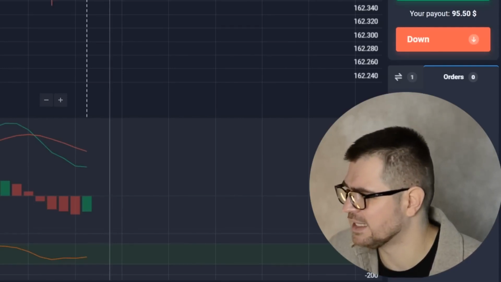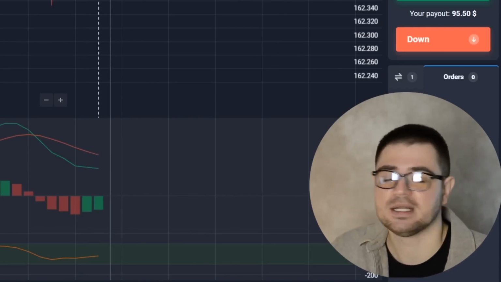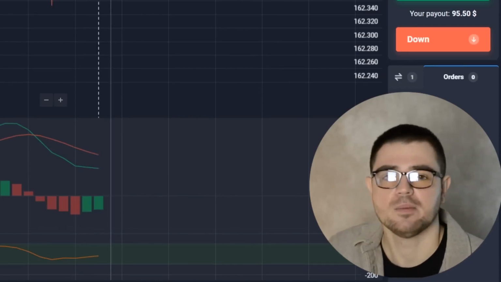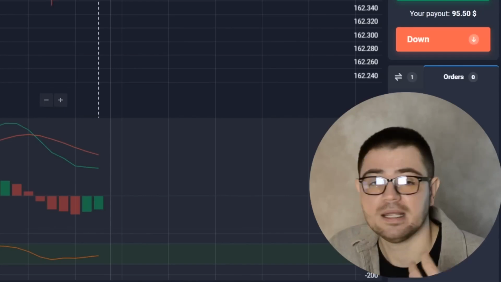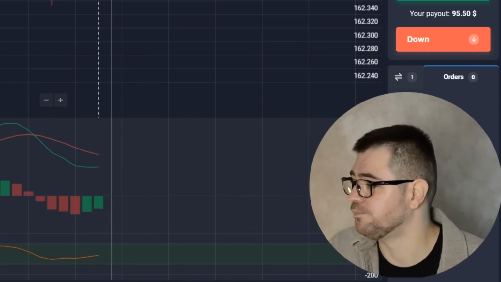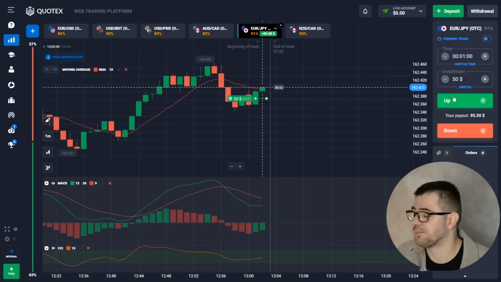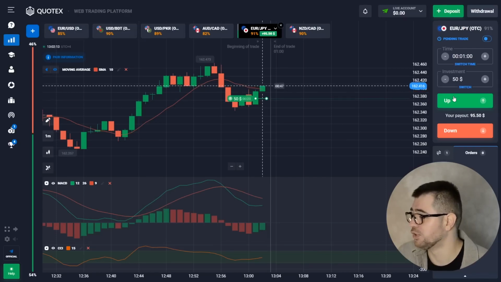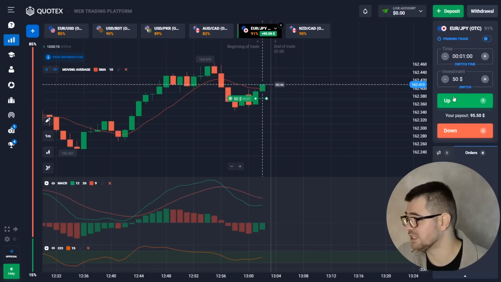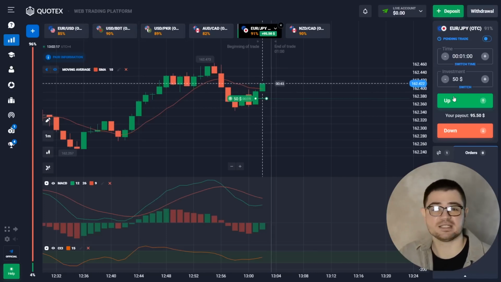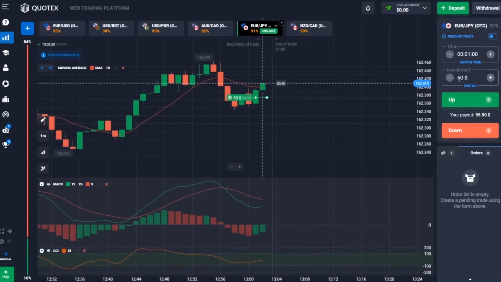When we're collecting below the resistance point, it's a good indication that the price might break through because it's collecting power, collecting bullish mood. So we'll see. It is good so far, but let's wait for the result of this.